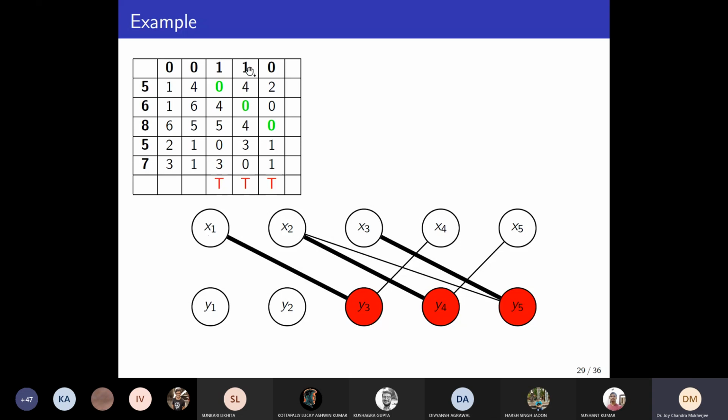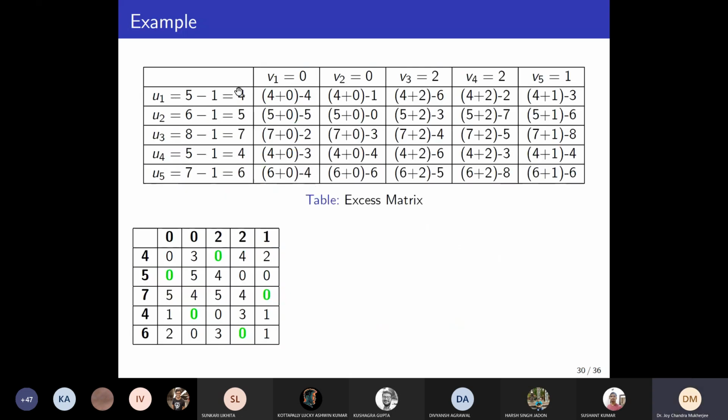And for t, I will increase them by 1. So this will be 2, this will be 2, this will be 1. And it will be reduced by 1, and this will be 2 2 1, and I do the same thing, 4 plus 0 minus 4. So this 4 5 2 3 is the original matrix, and I get this new matrix here.